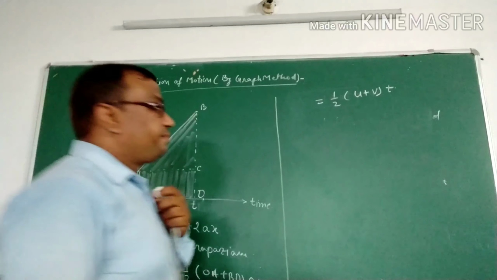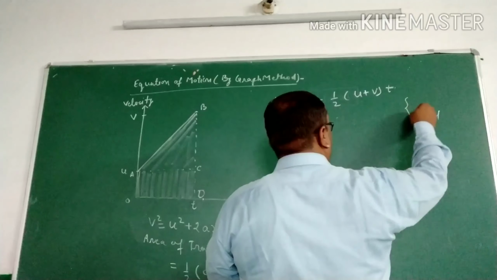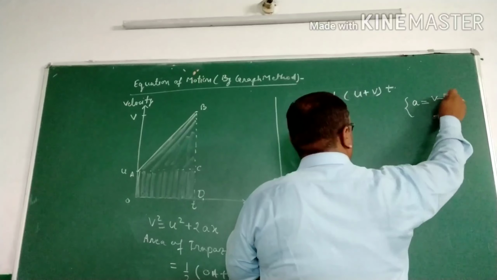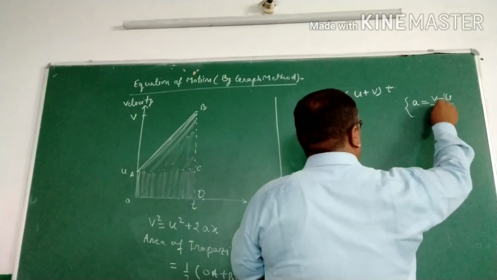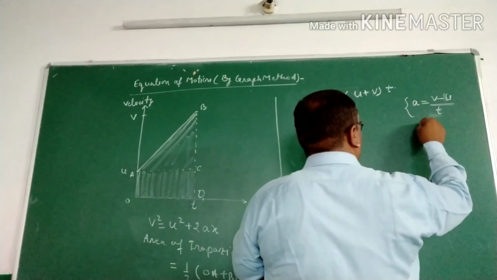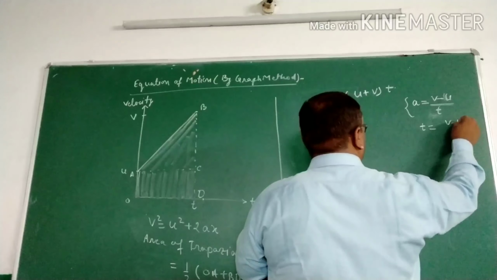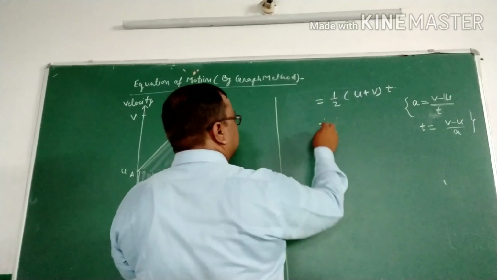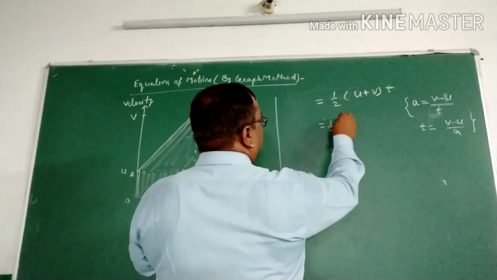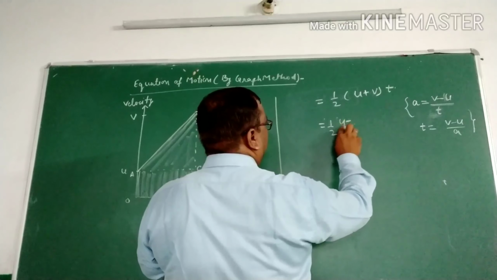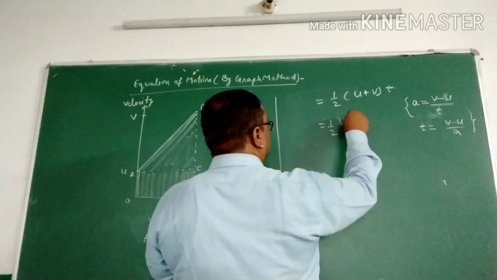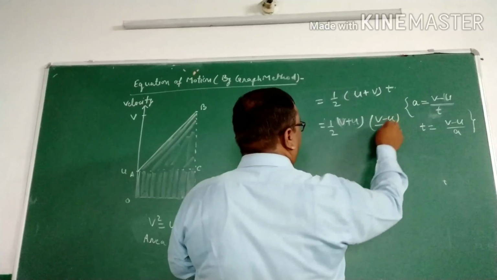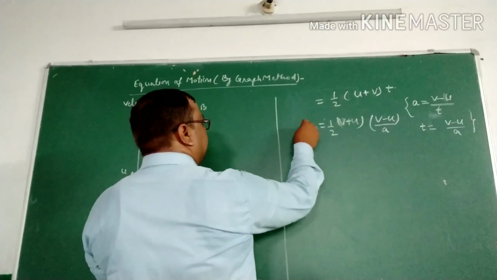And we know that acceleration a is equal to V minus U upon T. So from here T is V minus U upon a. So here it is half, U plus V into V minus U upon a. Clear? It is X.